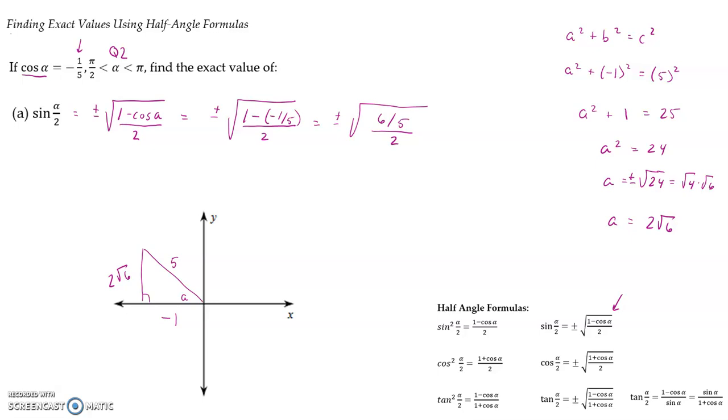And if you want to work with your fraction here to simplify it, keep in mind when you're doing 6 fifths and you're dividing by 2, that's the same thing as multiplying by the reciprocal, so multiplying by 1/2. This will give us 6/10 or 3/5 underneath that radical.